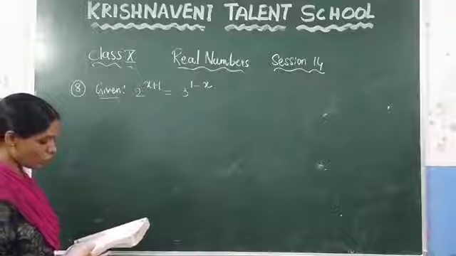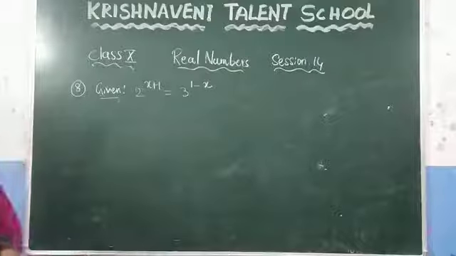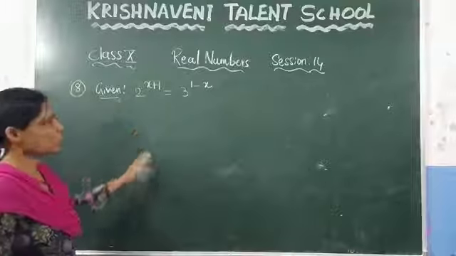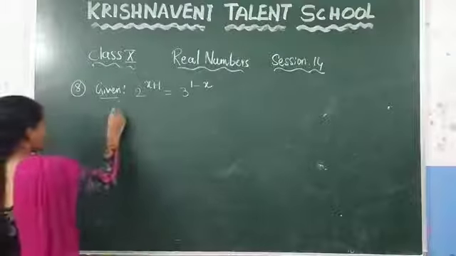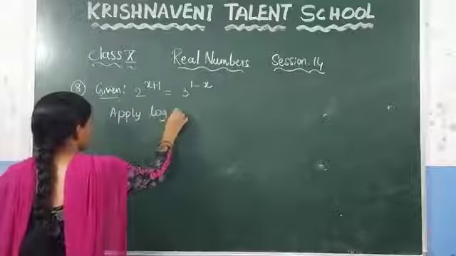They have given 2 power x plus 1 is equal to 3 power 1 minus x. You need to find the value of x here. If you want to find the value of x, what do we need to do? You need to apply log on both sides.